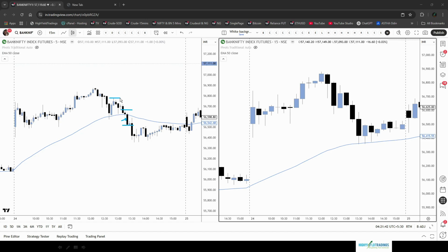This is the recent swing high, right? So either your stop loss can be here or here. But be mindful that the stop loss should not be a lot of points. Maybe you can take around 200 or 250 points as a stop loss. So this becomes our entry, this becomes our stop loss, and our target is around 150 to 200 points.